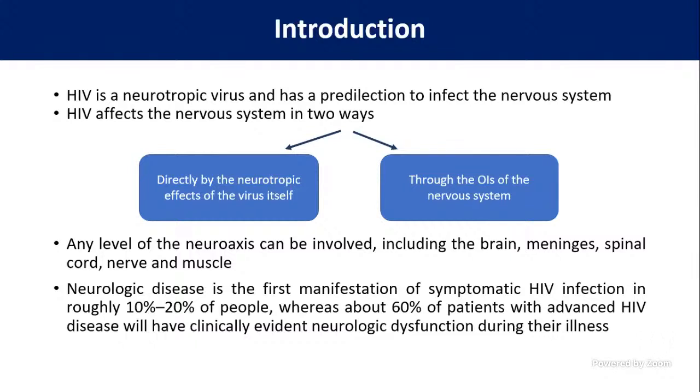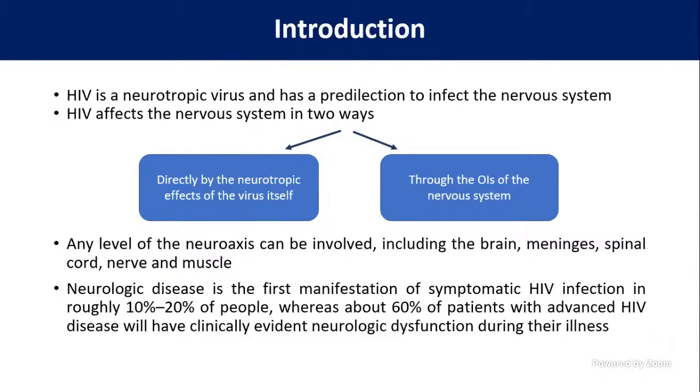Neurological disease may actually be the first manifestation of symptomatic HIV infection in about 10 to 20% of people. It is generally accepted that about 60% of patients with advanced HIV disease will have clinically evident neurological dysfunction during the course of their illness, which tells you how important nervous system involvement is in people living with HIV/AIDS.